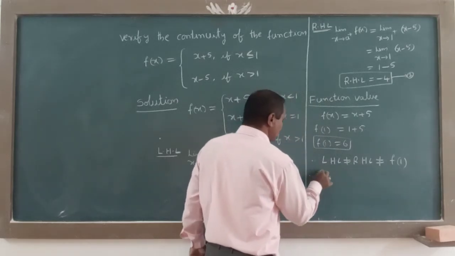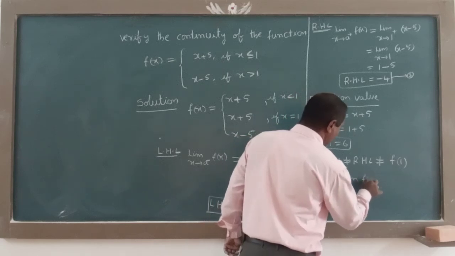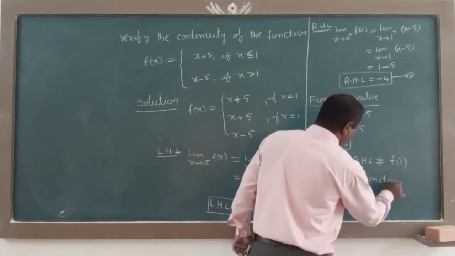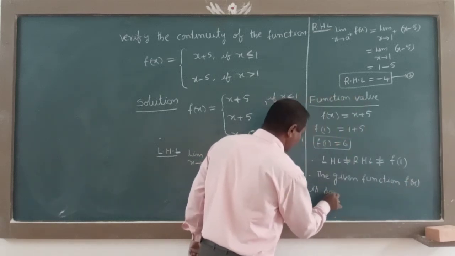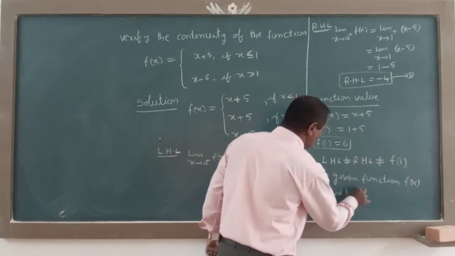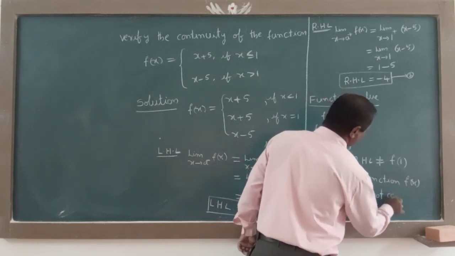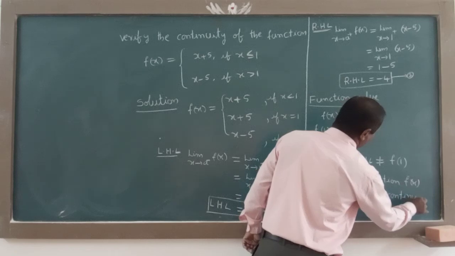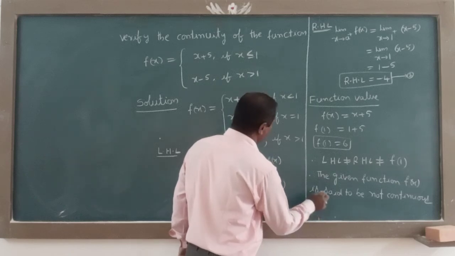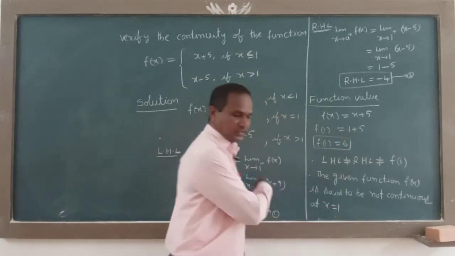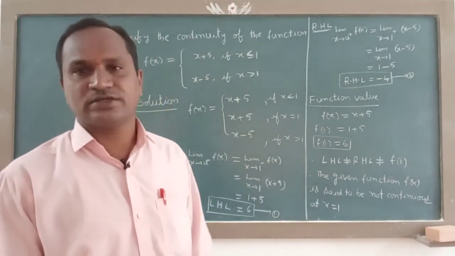Therefore, we can write that the given function f of x is said to be discontinuous, or not continuous, at x is equal to 1. Like that, we are giving the solution to this question.